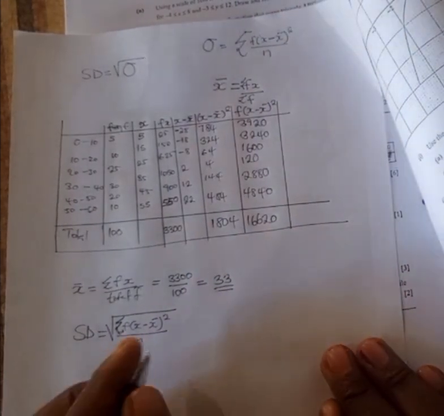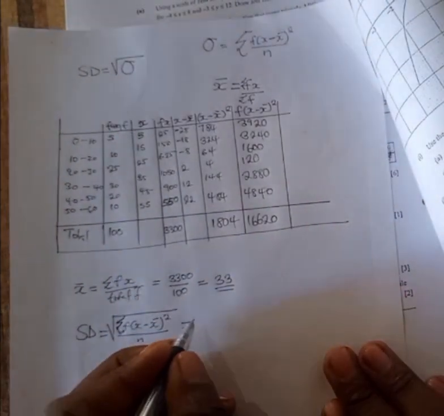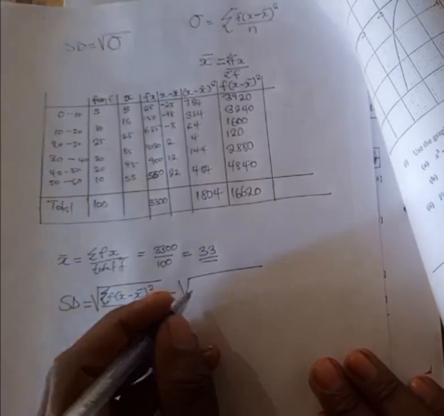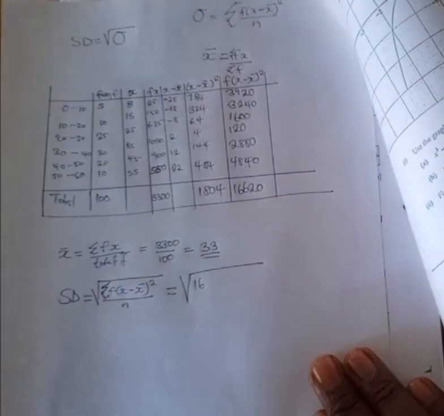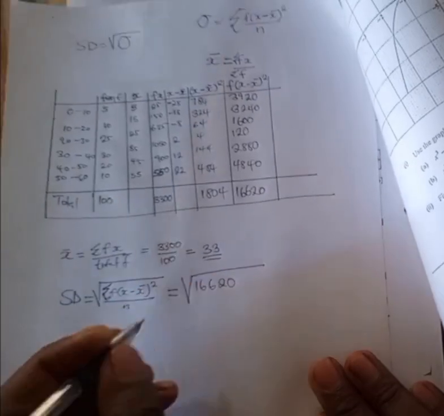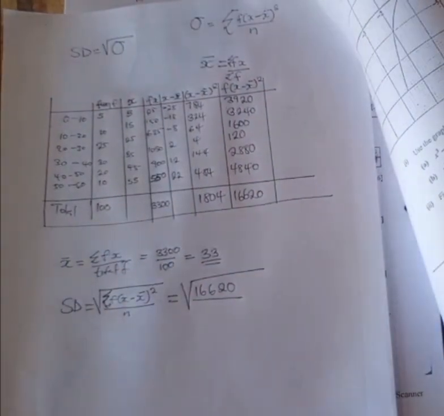Okay, so now we say standard deviation is equal to the answer we have gotten here, which is 6,620 divided by n. What is n? n is the total frequency.